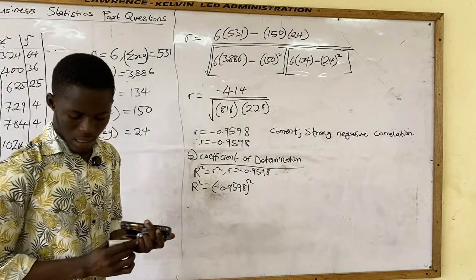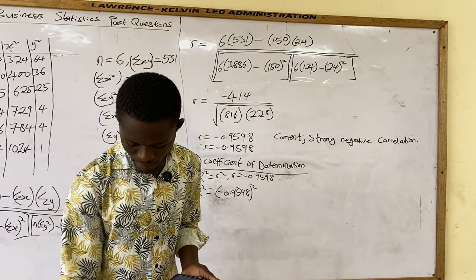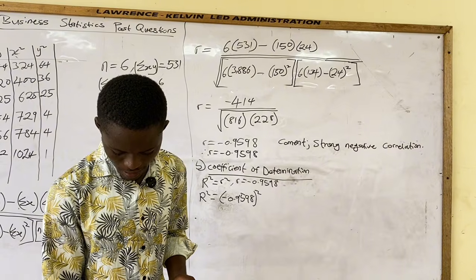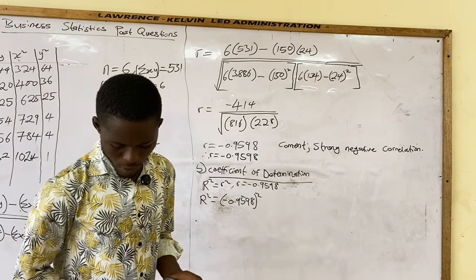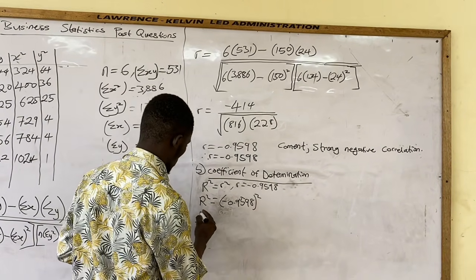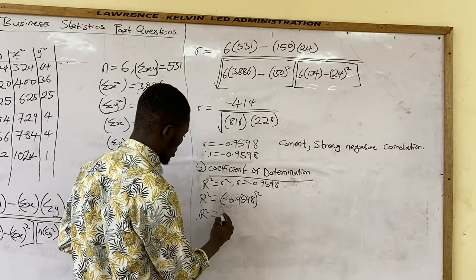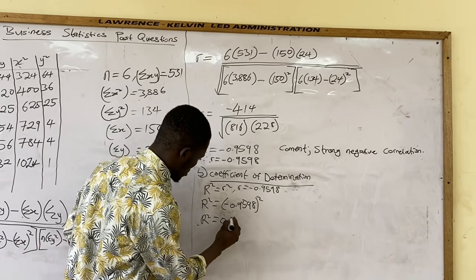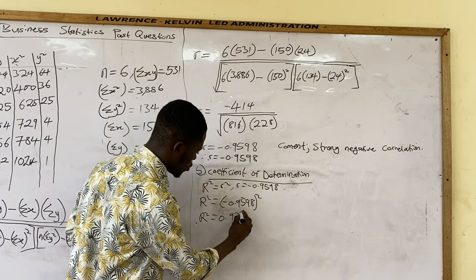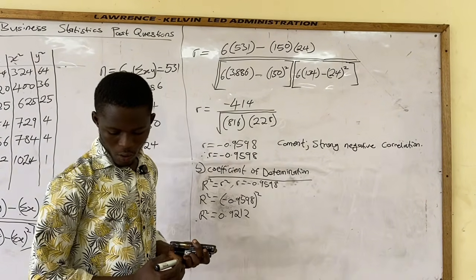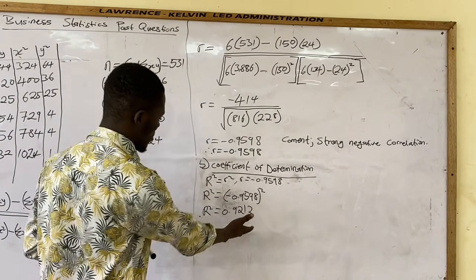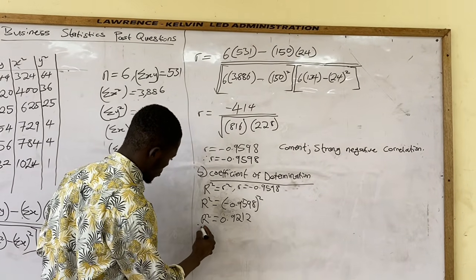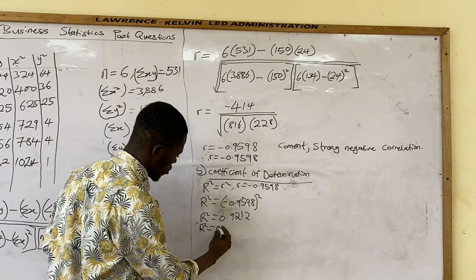Let's put this on the calculator. We will get r squared to be 0.9212.